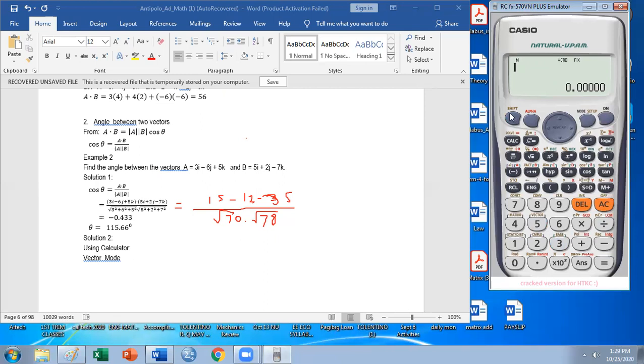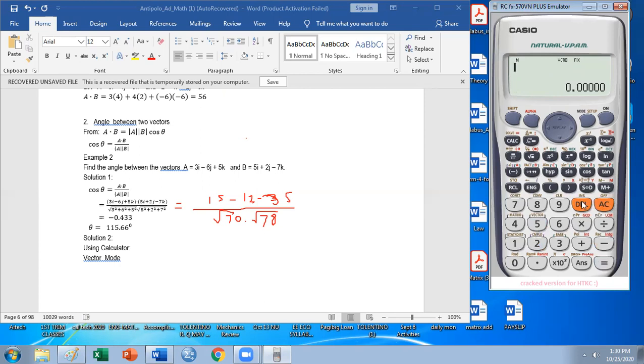And then define vector B: Shift 5, dimension, vector B, number 1. Define the vector 5, 2, and negative 7, with dimension as number 2, number 1. So you have 5, 2, and negative 7.